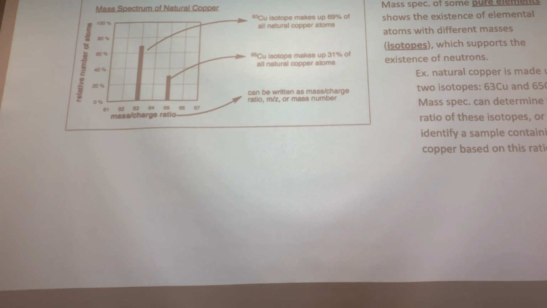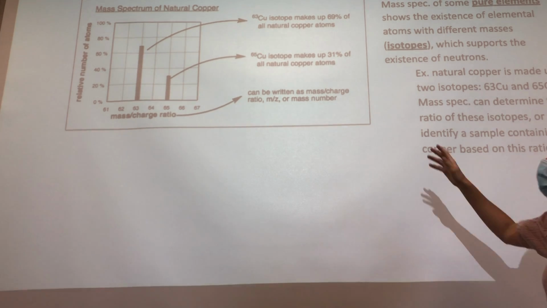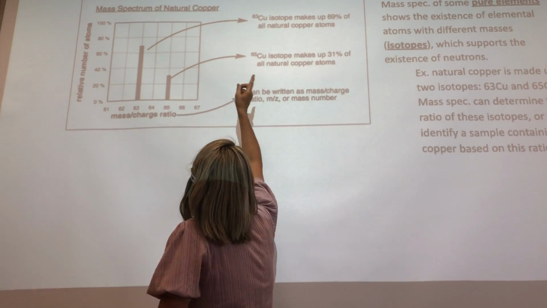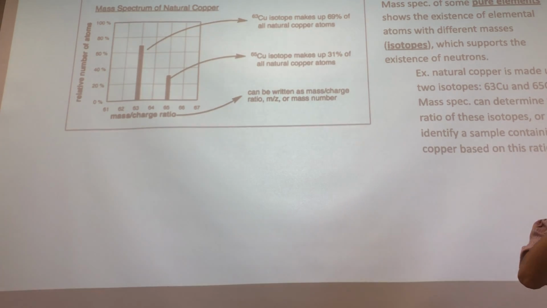Second thing is it tells you which isotope is in the greatest abundance and by how much. In this case, we have copper 63 and copper 65 as two isotopes. Copper 63 makes up 69% of all copper in the universe, and then 31% is copper 65.